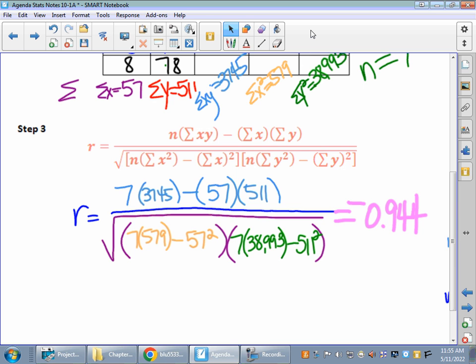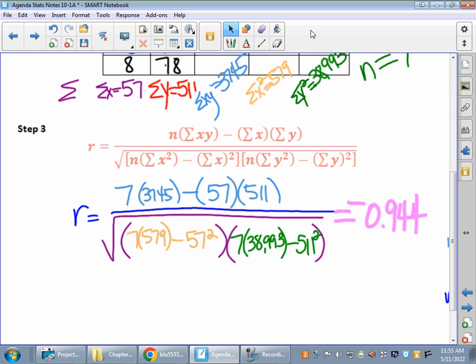Again, you might take a minute to make sure you get the same calculation, but negative 0.944, that's a pretty strong linear relationship. Closer to negative 1 is a strong linear, so negative 0.944 is pretty strong.